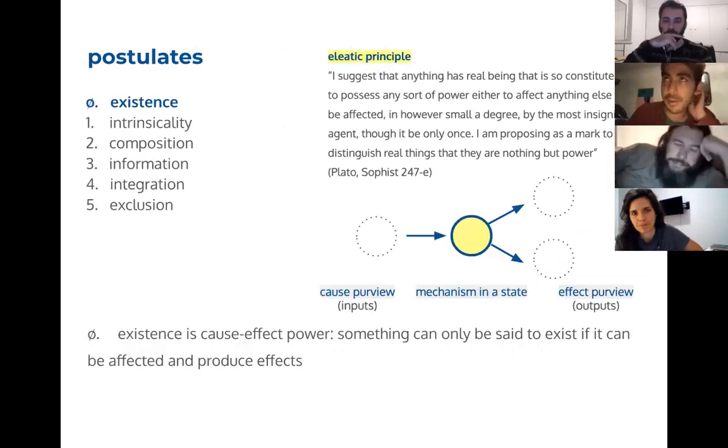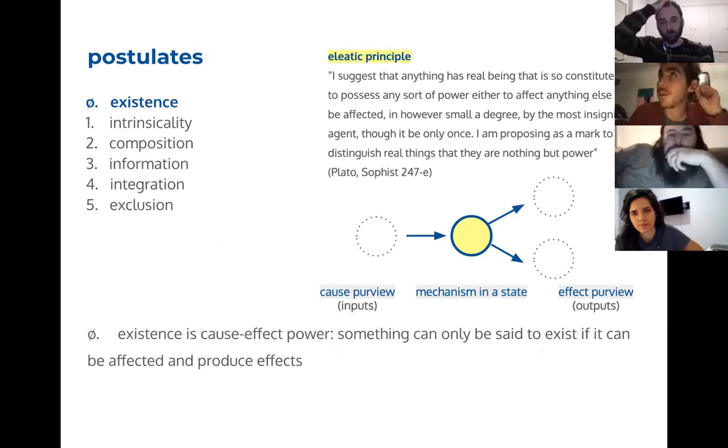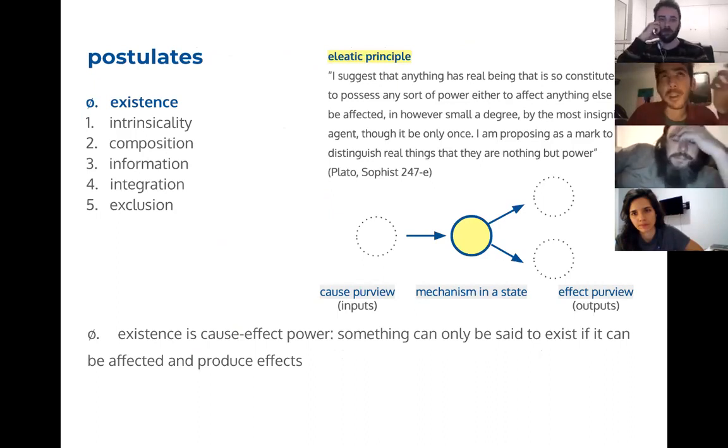So you certainly need causal powers in order to produce spatiotemporal complexity, but spatiotemporal complexity is not necessary. It's tricky. You would have to formally tie the dynamics of a system to its TPM.